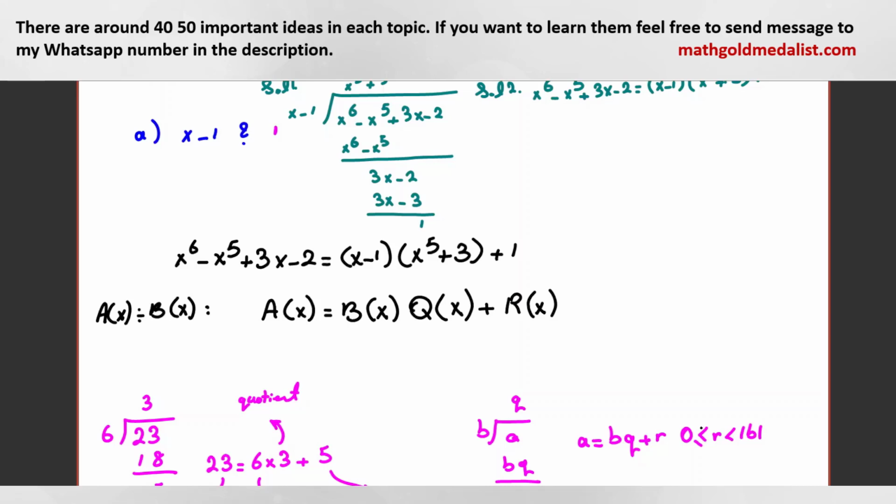Here we had a condition. For numbers, the remainder should be at least 0 and strictly less than the absolute value of the divisor. Here again we have a condition similar to that. Do you know what the condition is?